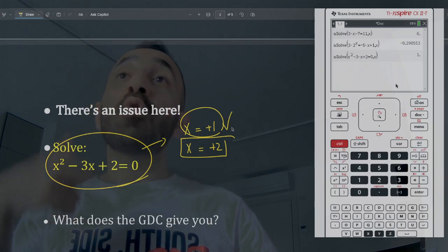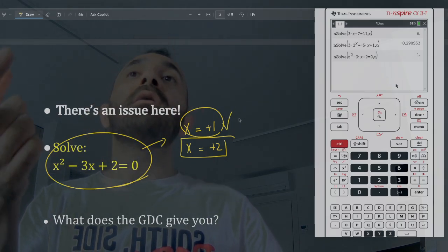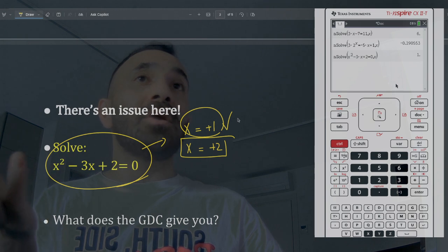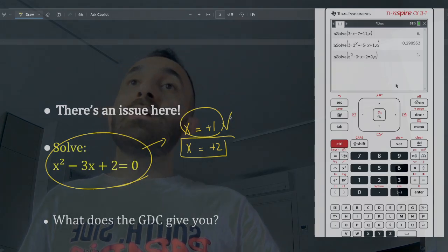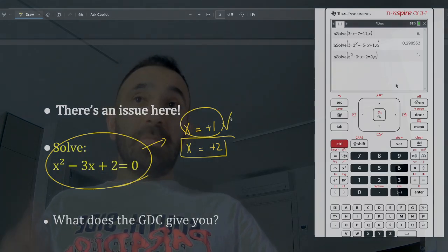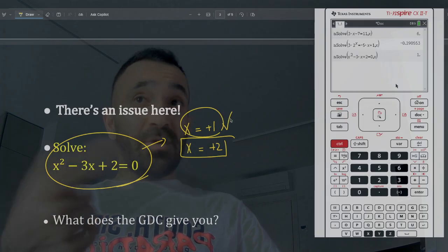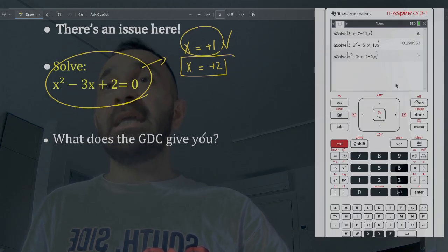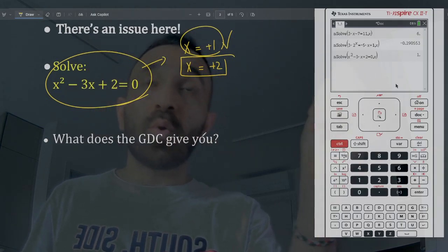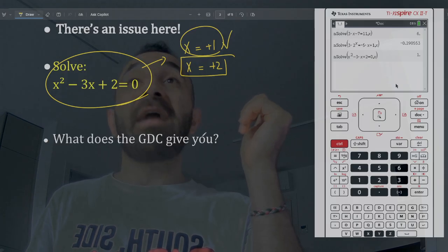If you have more than one solution, unfortunately, numerical solve is not going to give you that answer. So what if we have more than one solution? In this case, you can either use polyRoots or go for the graphing method.